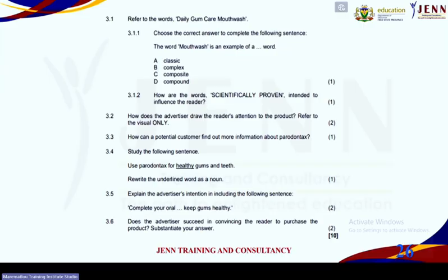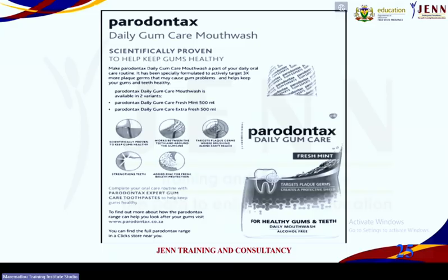Now, it's easy to say yes here for me because I can see that they're convincing me, and I'm just going to go back to the slide, by using persuasive language, by saying scientifically proven, because that makes me feel safe that doctors have tested this product, that this product is safe to use. And if a doctor or a scientist has proven this to be true, this gives it credibility as well.